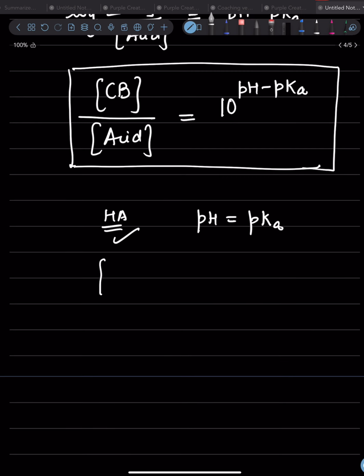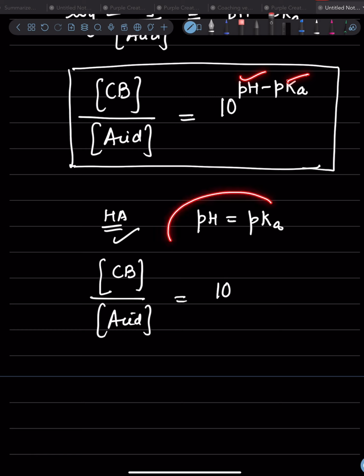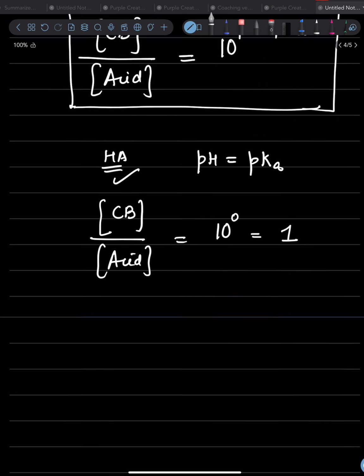So in that case, the above equation would take this form: the ratio of conjugate base to acid is equal to 10 raised to the power, since pH and pKa are both equal in this scenario, 10 raised to the power 0, which is nothing but 1. What does this mean?